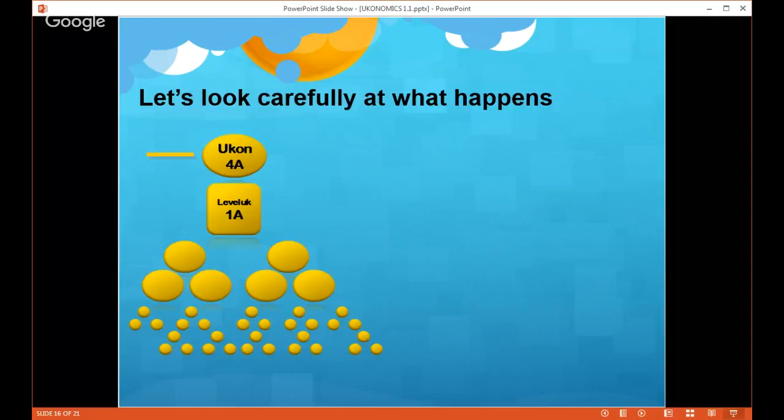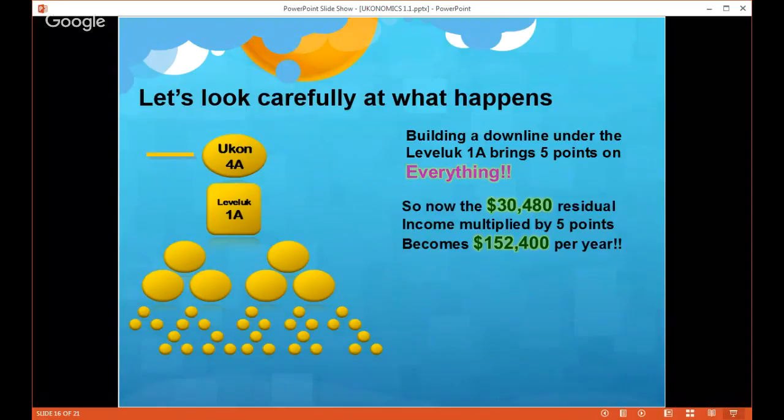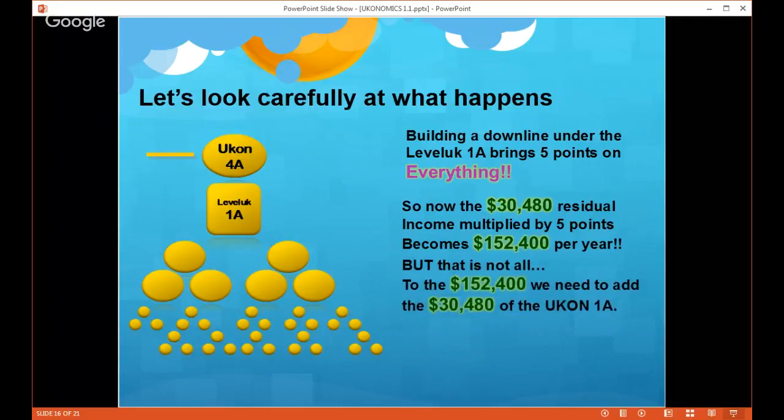Now, only 4 people that you were responsible for, right? Your income will not be $30,480 because you have to multiply that by 5 points now. You make $152,400. But that's not it, because we need to add the $30,480 that we made in our 1A lane.